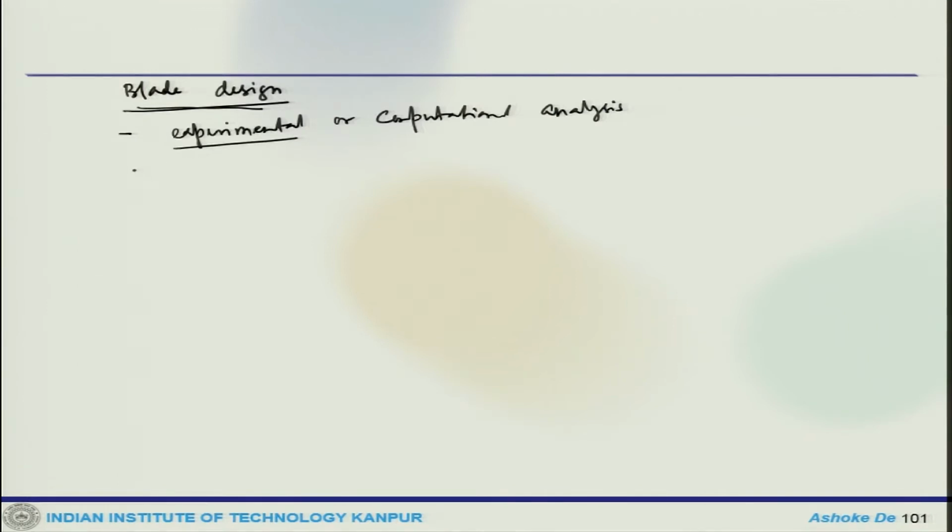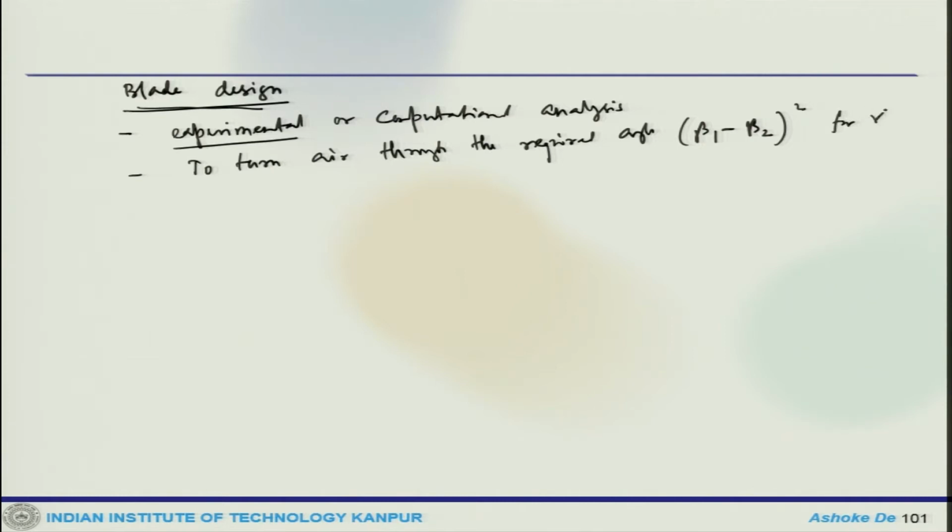What it can satisfy is that it can turn the air through the required angles like beta 1 minus beta 2 for rotor and alpha 2 minus alpha 3 for stator, to maximize the stage pressure ratio.